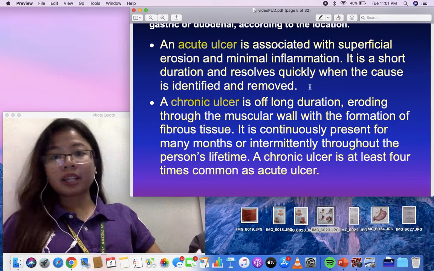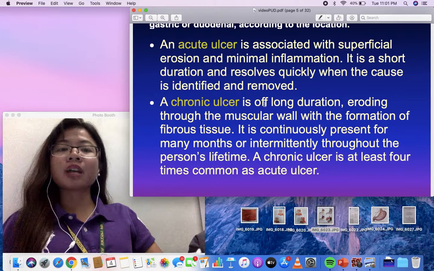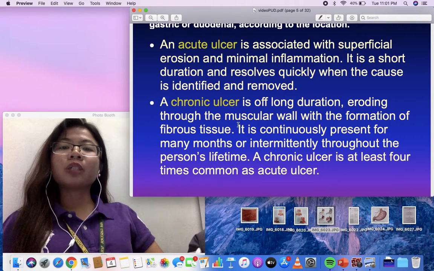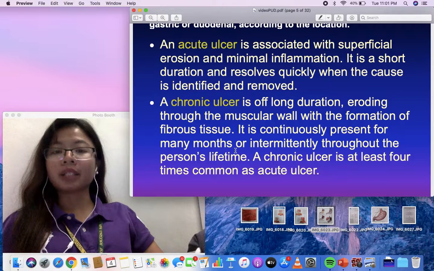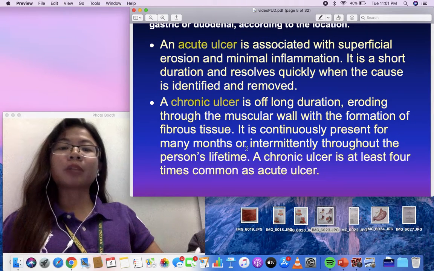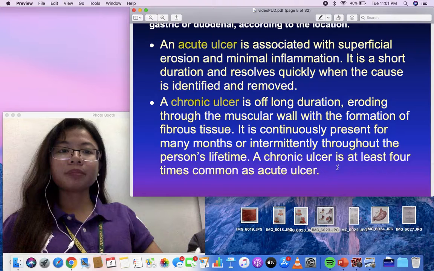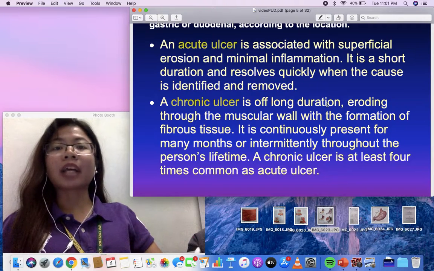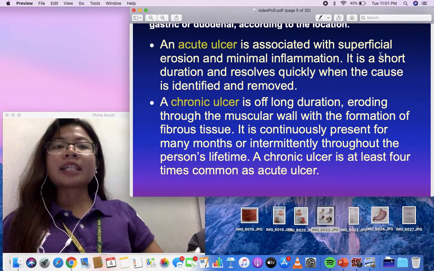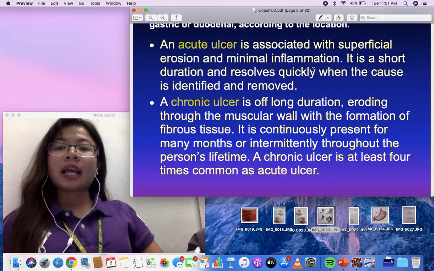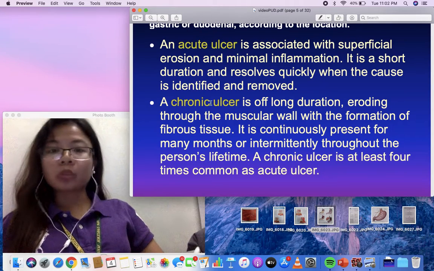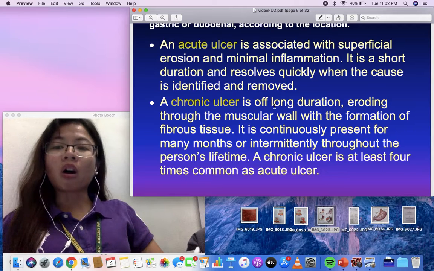The other one is a chronic ulcer, which is of long duration, eroding through the muscular wall with the formation of fibrous tissue. It is continuously present for many months or intermittently throughout the person's lifetime. A chronic ulcer is at least 4 times as common as an acute ulcer. So again, an acute ulcer is of short duration, but a chronic ulcer is of long duration.